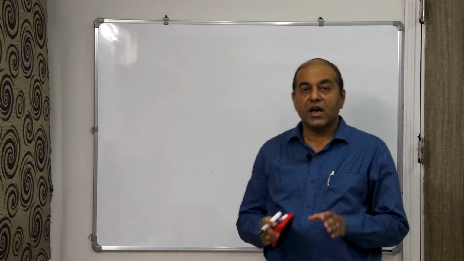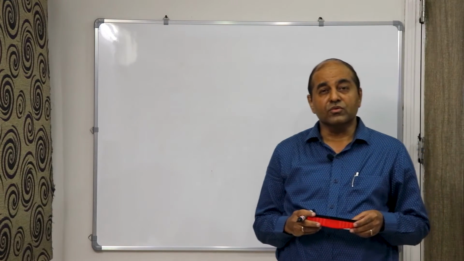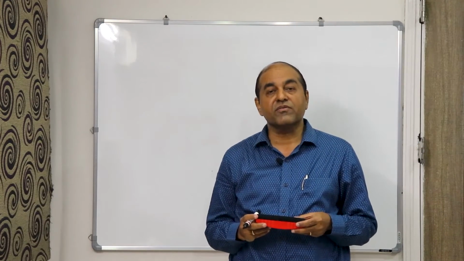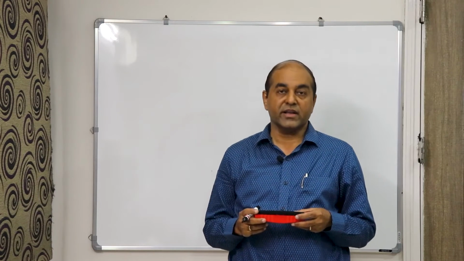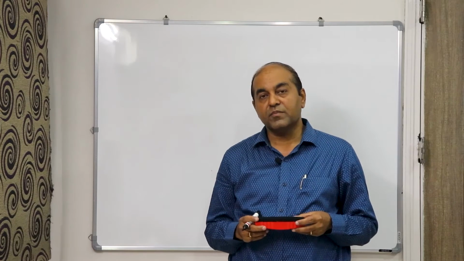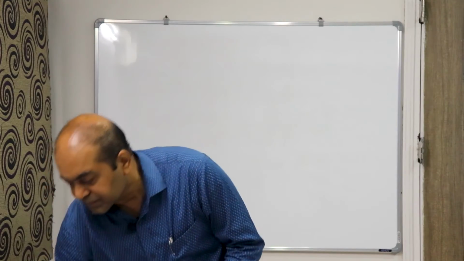Now, the last topic of today's lecture: how to reduce the size of an equation by using Boolean mathematics, Boolean algebra. Two examples are given in your book. So let's first discuss these two examples. Example number 1.